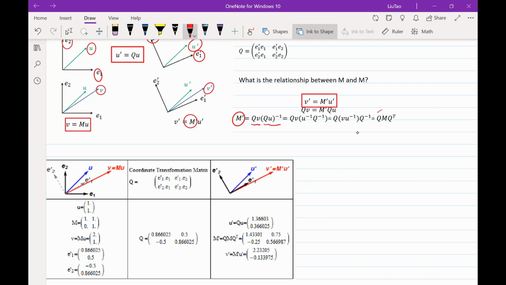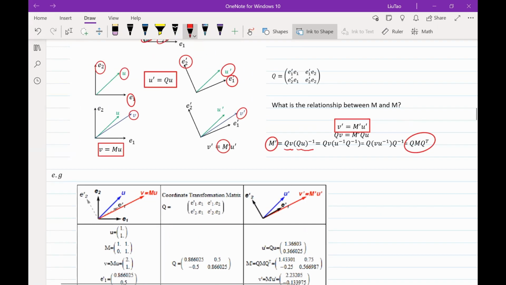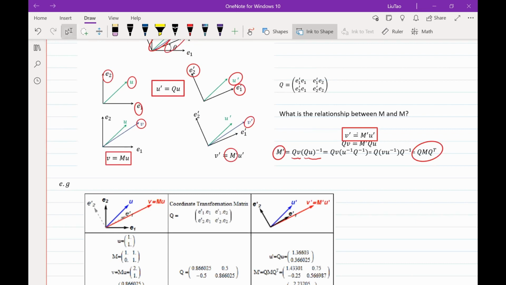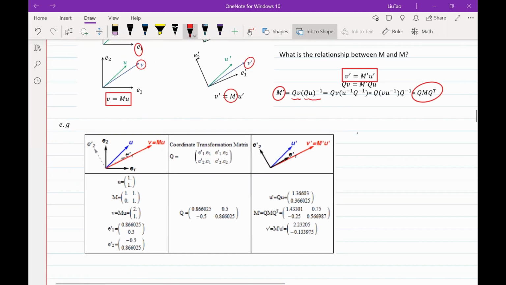After simplification, it's equal to Q times M times Q transpose. Here is a little bit confusing. We have two matrices. Q is trying to change the basis sets, and M can transform a vector from one position to another position in the same basis set. So a matrix has two functions: change of basis and transformation.